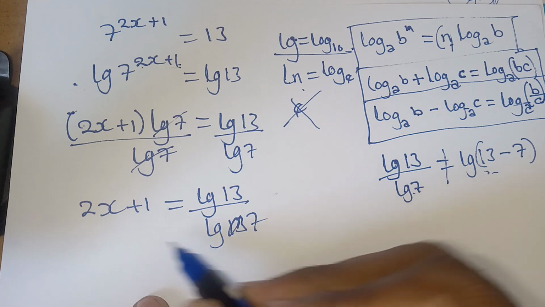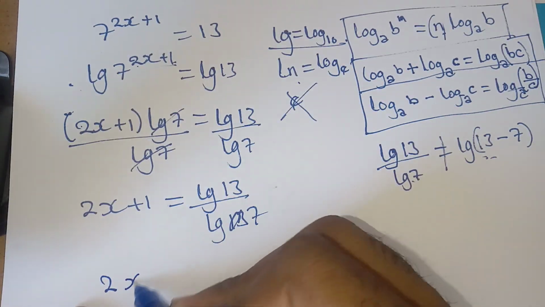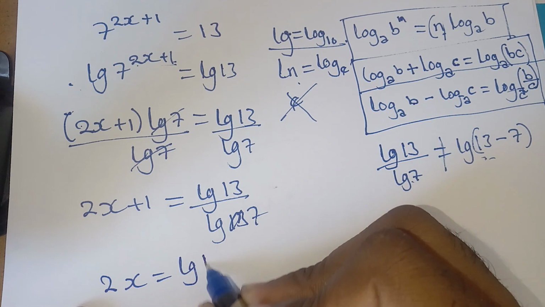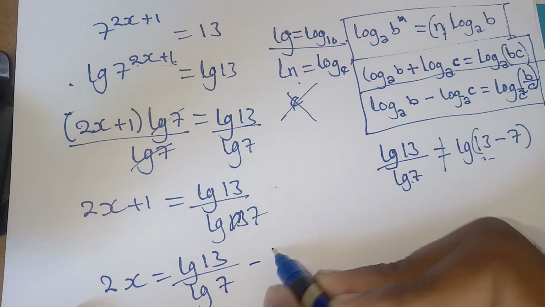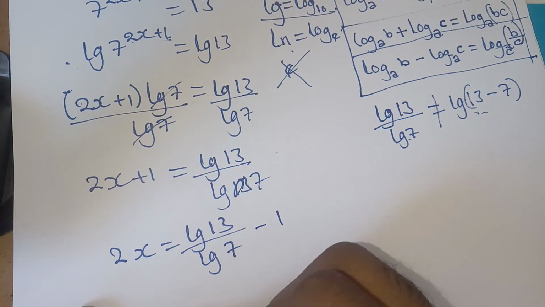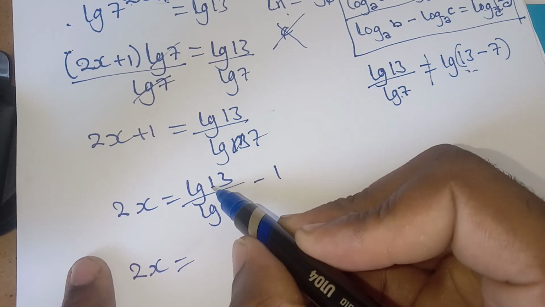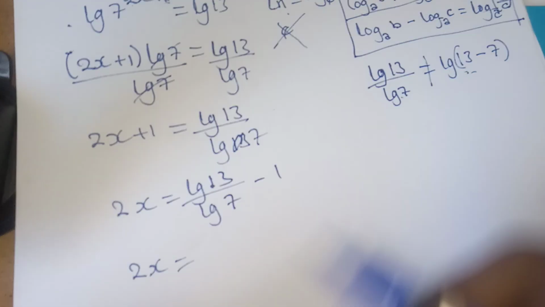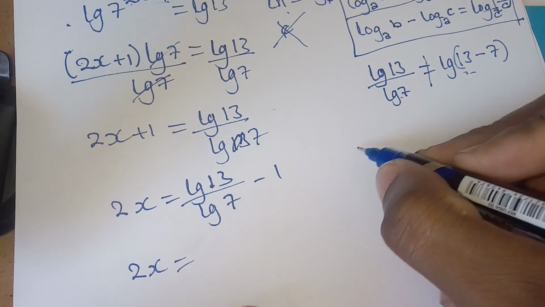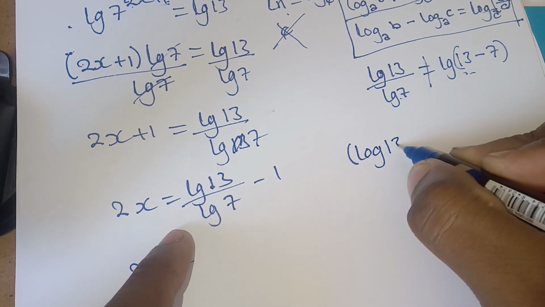Now to solve for x, I can just bring the 1 to the other side, so that I have common log 13 over common log 7 minus 1. Now using your calculator, you can just punch this one separately and this one separately and then divide the two. Or you can use brackets and punch this one.